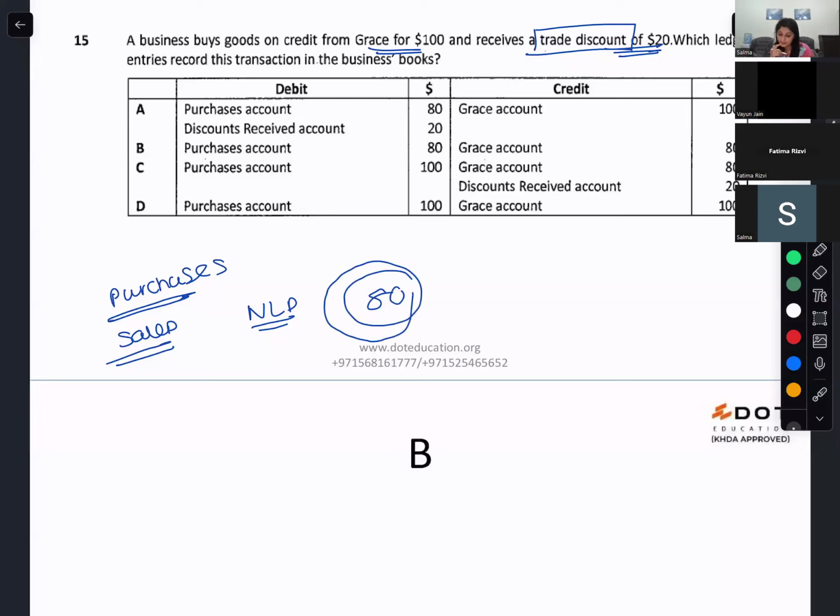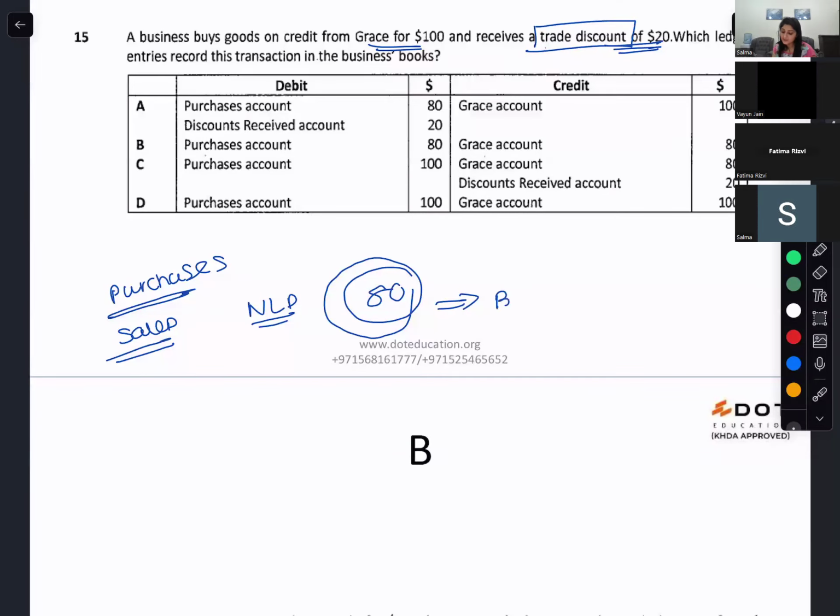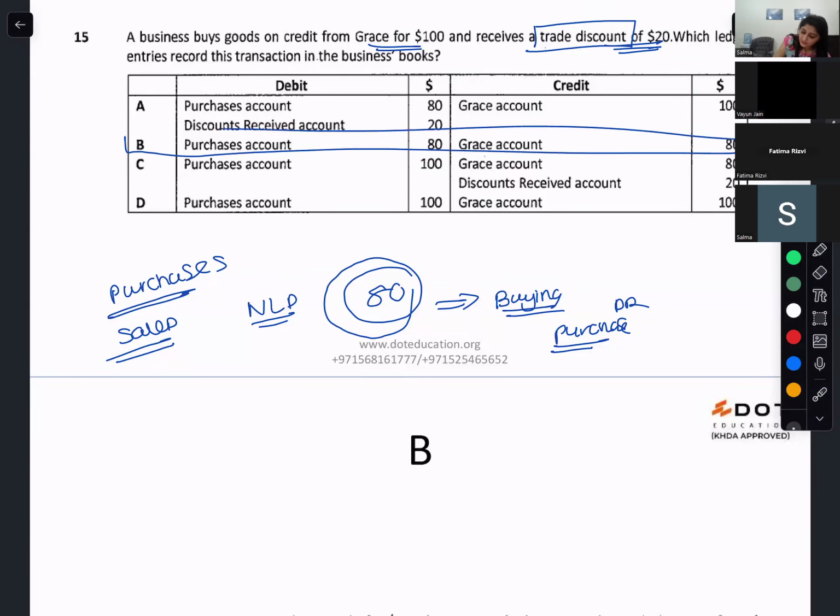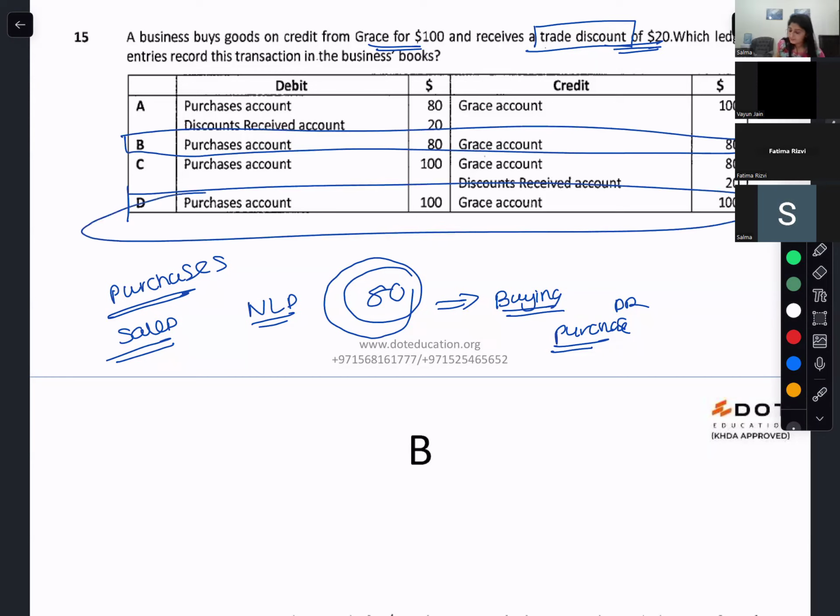So entry for purchase or sales will be passed at 80. Am I buying or selling? The business is buying, which means purchases. Purchases debit or credit? Debit. And Grace credit. What amount? Which option? I have two options over here, option B and option D. I'm waiting, Fatima, for an answer.